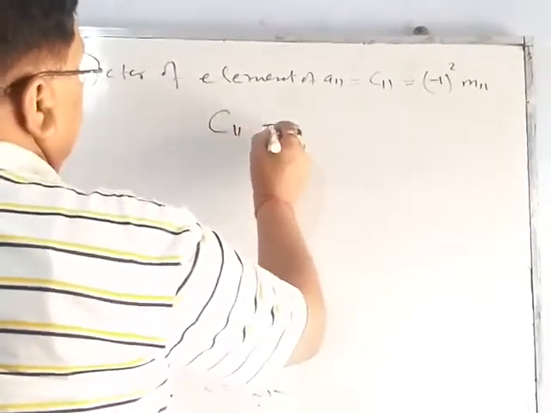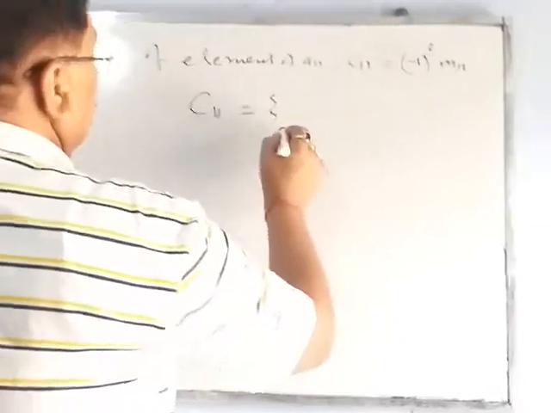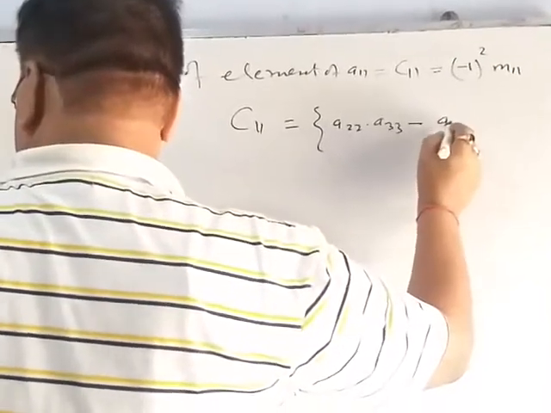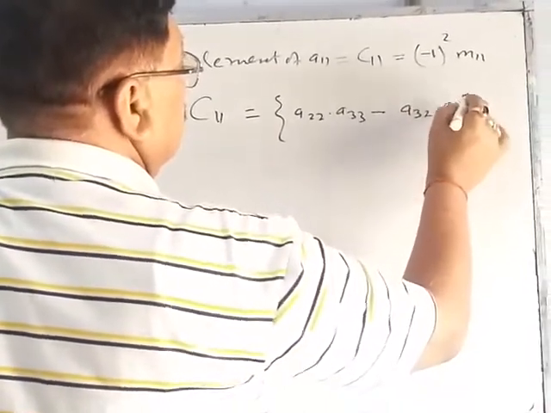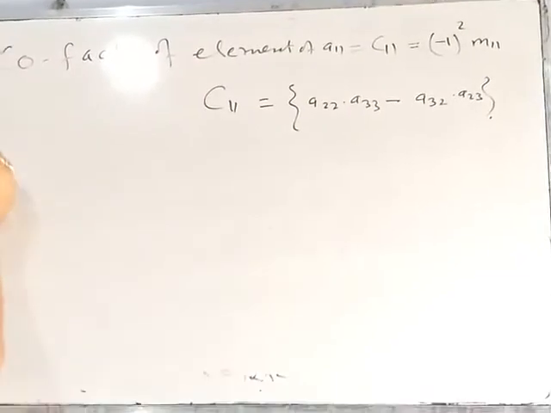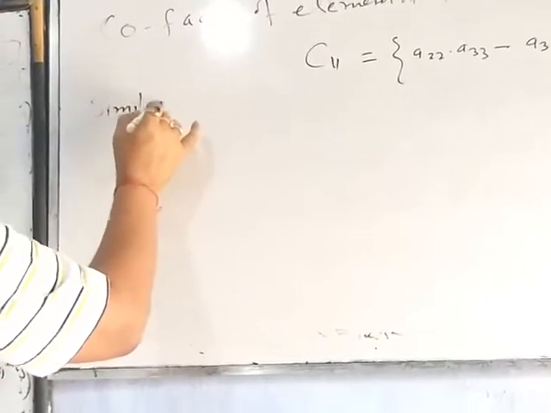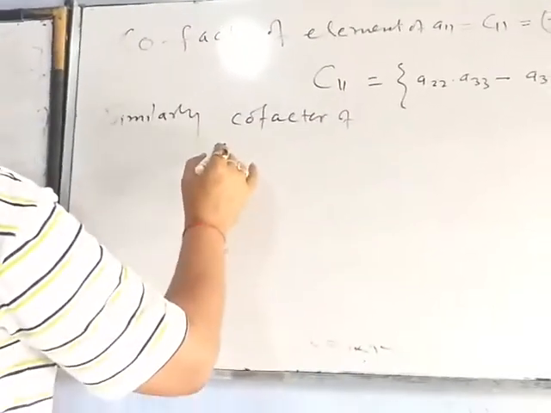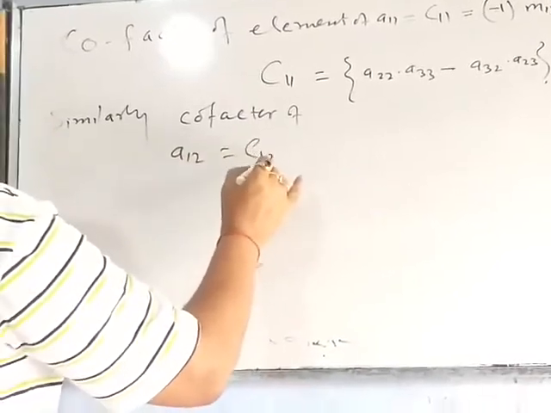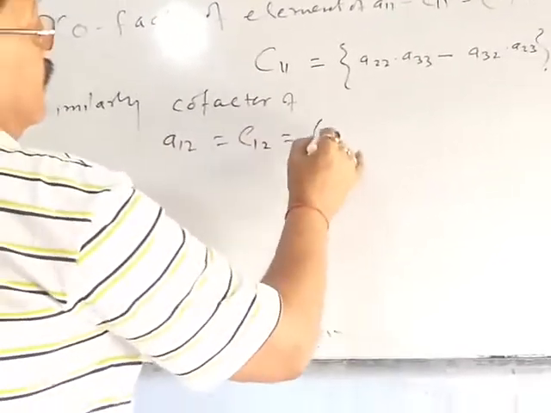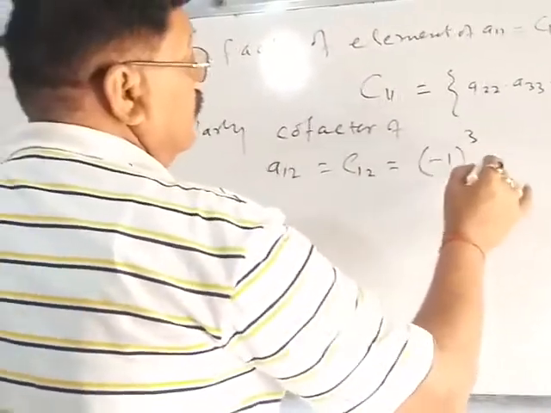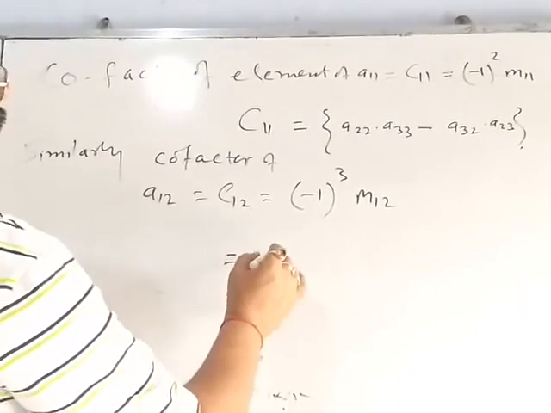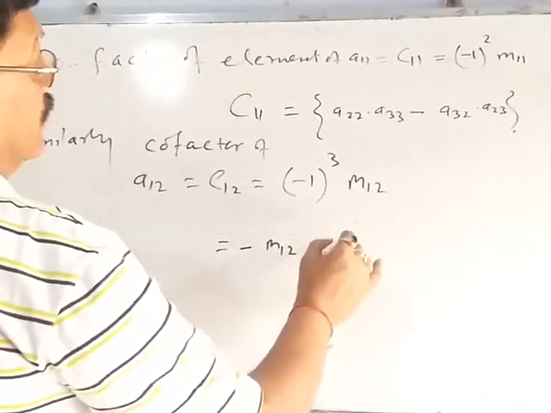That is, C11 is equal to A22 A33 minus A32 A23. Similarly, the cofactor of A12, C12, will be minus 1 power 1 plus 2, 3, M12, that is minus M12.